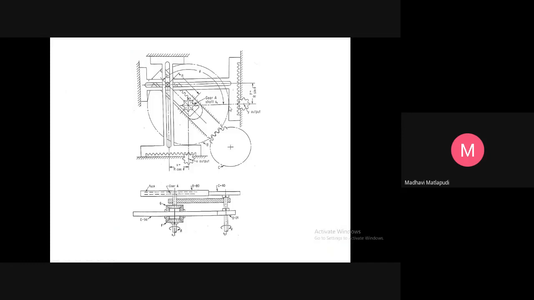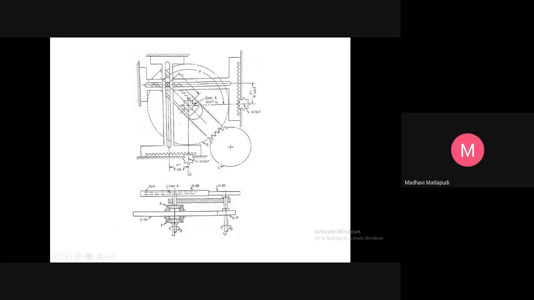Now the major objective here is to maintain the distance constant from a pivot center to the pinion center and give rotation to gear B. This in turn will produce resolved components as r cos theta and r sin theta as a translation motion for the rack and pinion of the slotted linkages.